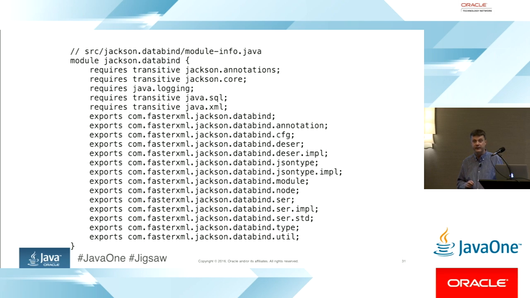So it generates an exports directive for every one of the packages in the jar file. If you look closely at the requires, it also looks at the signature of the methods and is able to determine whether to generate a requires or a requires transitive. In the previous talk, we talked about requires transitive, so here you're seeing an example of it in a generated module info. For this part of the talk, assume that we are the maintainers of this library.